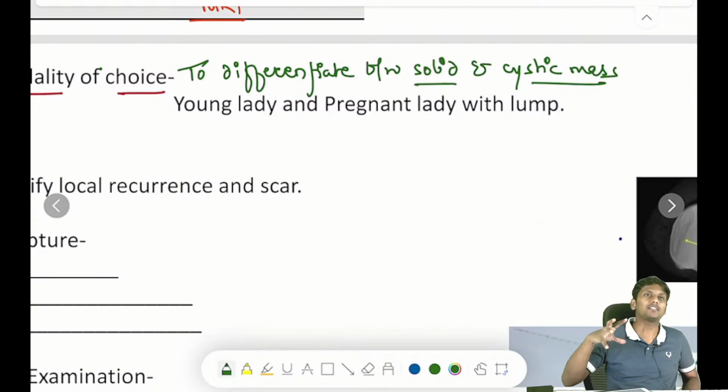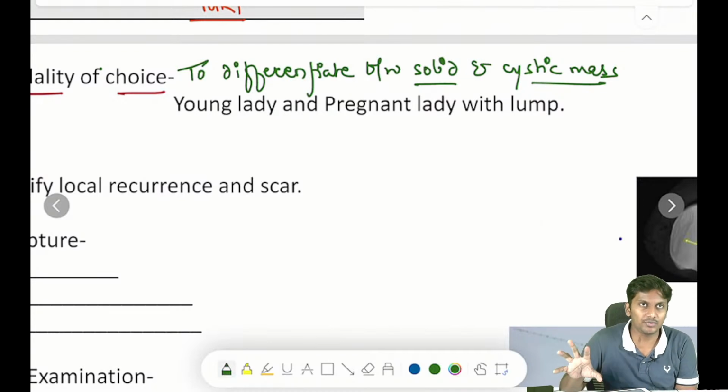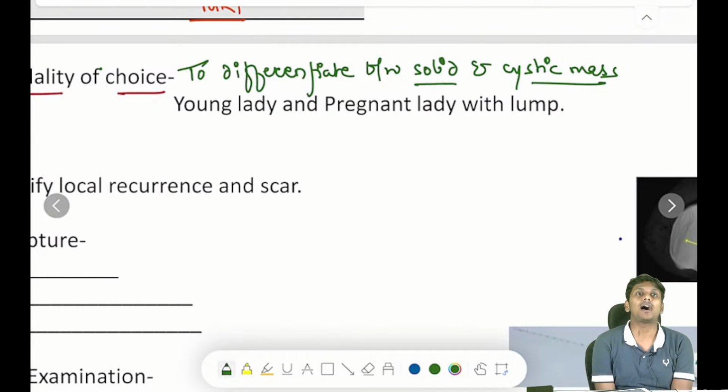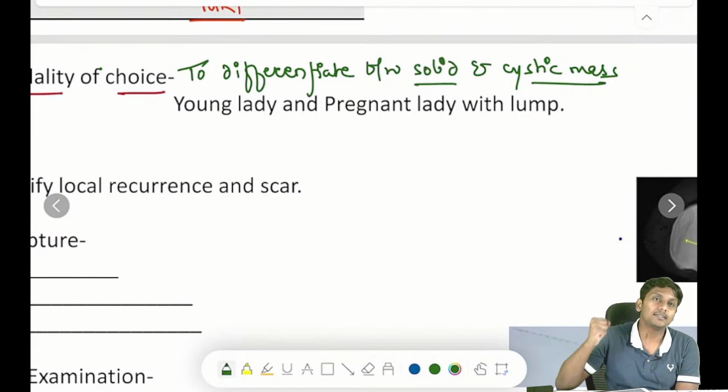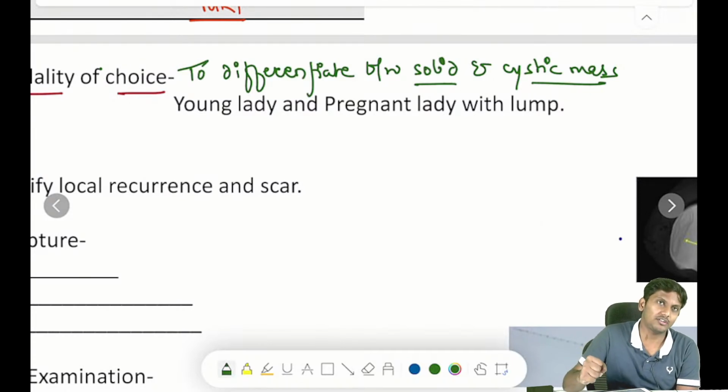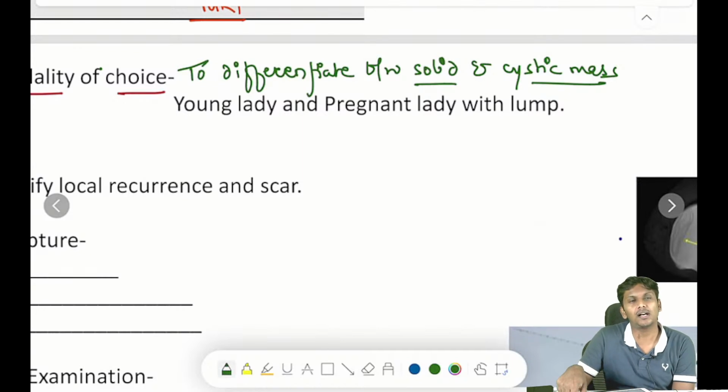Okay, solid mass matlab which is completely made up of tissues itself, and cystic mass matlab which is actually a sac which contains some amount of fluid inside it. और हमें पता है जहां जहां fluid आएगा वहां वहां ultrasound use किया जाएगा. Wherever there will be fluid, we have to use an ultrasound. So when we have to differentiate a solid mass from a cystic mass, the best investigation radiologically is going to be the ultrasound itself.